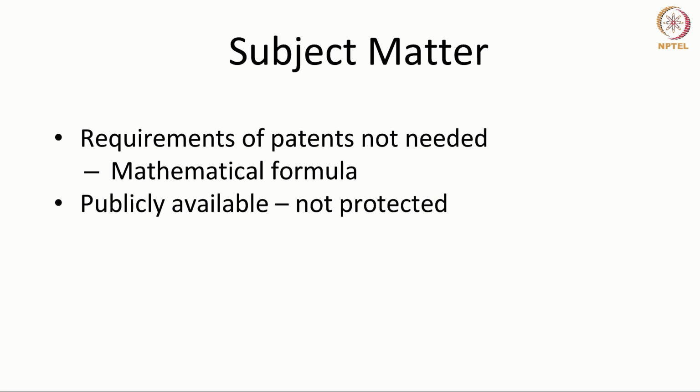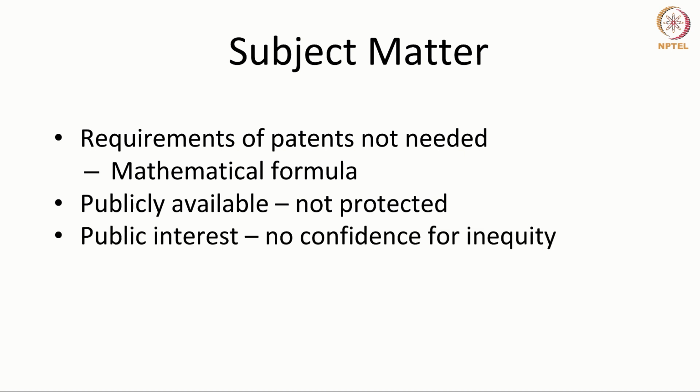So publicly available information cannot be protected by this regime. Matters that could be of public interest can also not be protected by this regime. So if there is something that can cause inequality or inequity and there is no obligation to keep that as a secret, rather public interest requires it to be disclosed, then this regime cannot be used to protect such information.